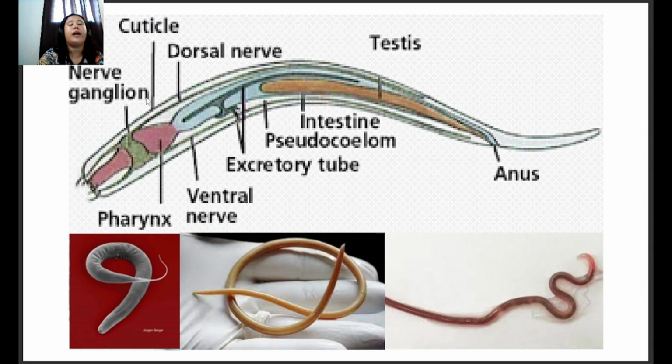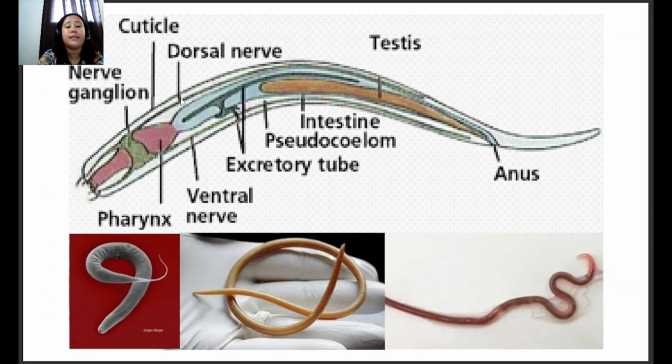So here is the anatomy of the roundworm. This pink one is its pharynx, the green one is the nerve ganglion, and this is its cuticle, and this one here is the ventral nerve.